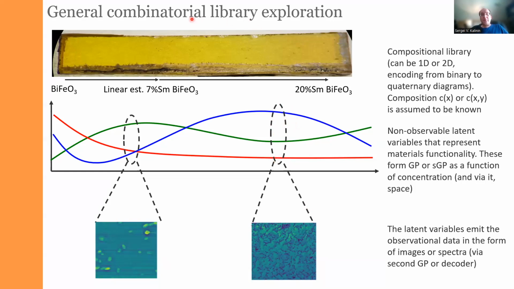So the task for physics discovery in this case is to have the observational results, run the active learning experiment where we choose where to take measurements, and try to discover what these latent parameters are in the smallest number of steps.